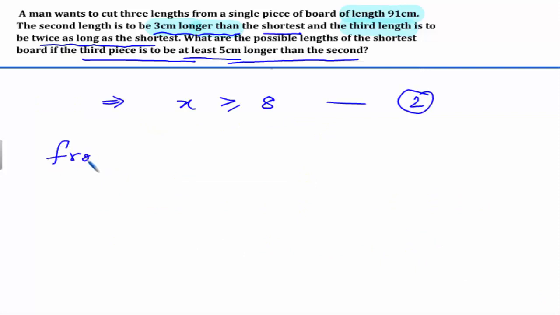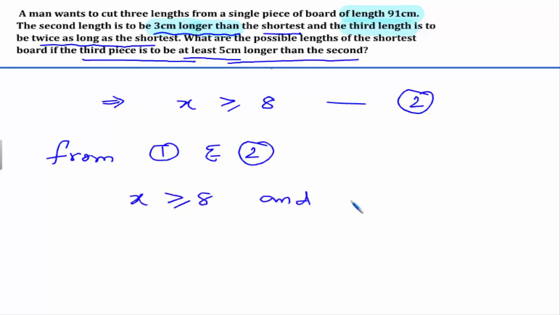Now, from the two conditions, first and second, we have x should be greater than or equal to 8 and x should be less than or equal to 22. This implies x should be between 8 and 22.